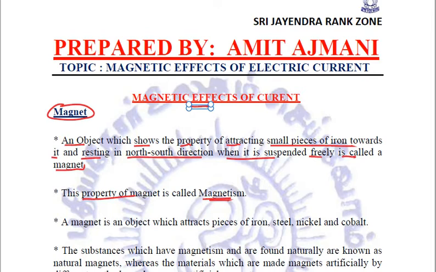A magnet is an object which attracts the magnetic substances like the pieces of iron, steel, nickel and cobalt.